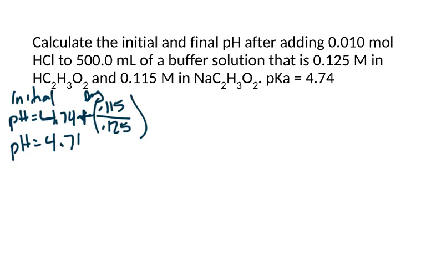Then I'm adding 0.010 moles of hydrochloric acid. So I'm going to be reacting C2H3O2 minus plus H plus goes to HC2H3O2, and actually here it's just a straight arrow because we're getting rid of all of that H plus.